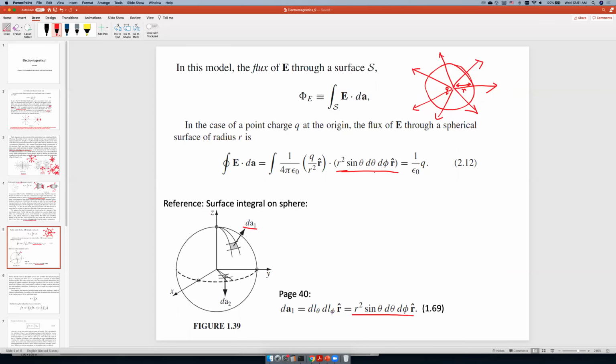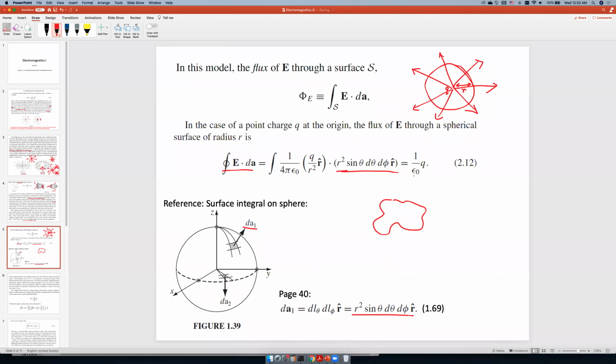So what does that mean? Let's make it simple. First, if you have a spherical surface, the flux of the electric field, which means how many field lines are coming out of the surface, equals Q over epsilon 0.